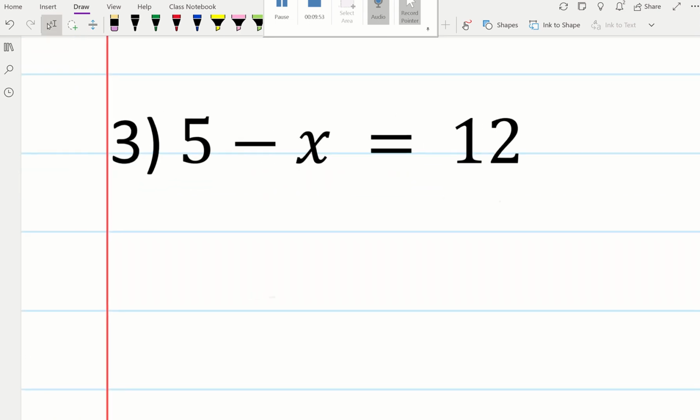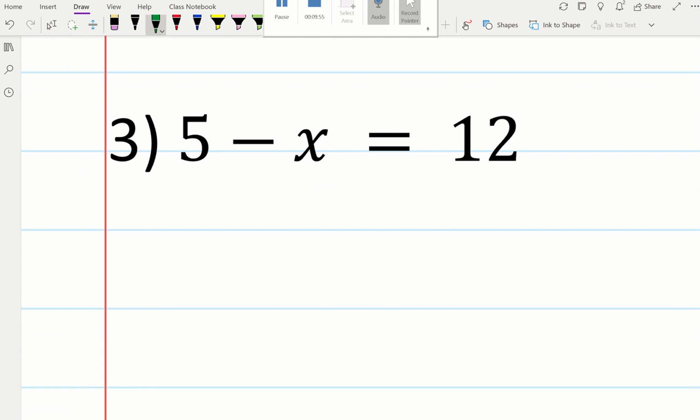Again, this is a minus 1x. Remember, this is a minus 1x, and that is the number on its own, and it's a positive number, it's a 5. So to reverse the 5, I do minus 5 and minus 5.